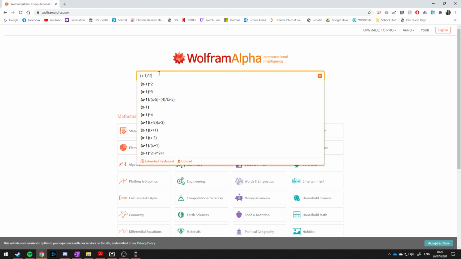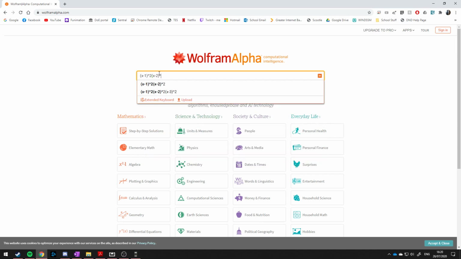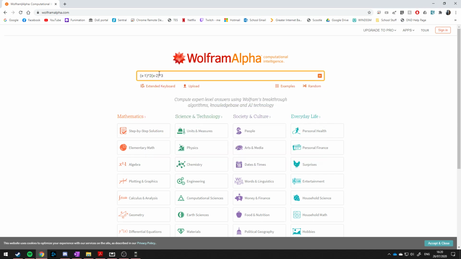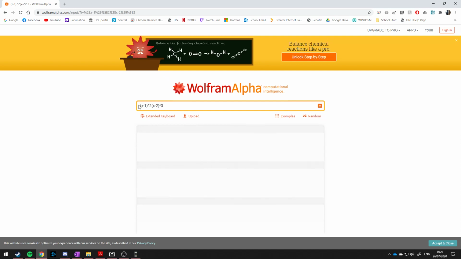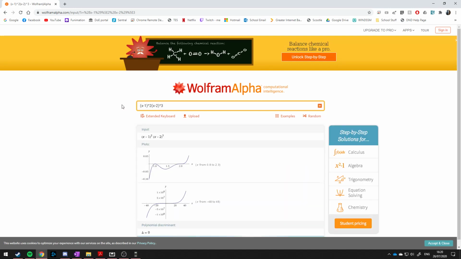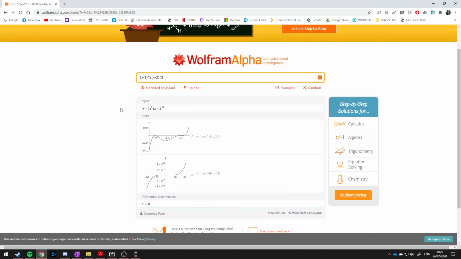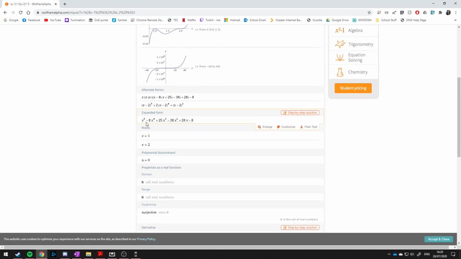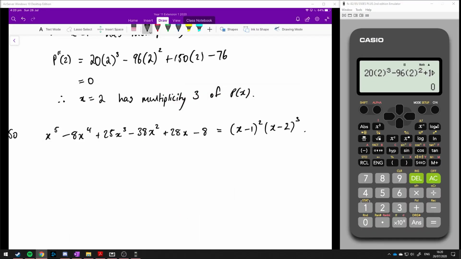We're going to go this way because it's quicker for me to type in, and we're going to see if it gives us our expression in its fully factored form. So by doing this, we should get x to the power of 5 minus 8x to the power of 4 plus 25x cubed minus 38x squared plus 28x minus 8. And there it is.